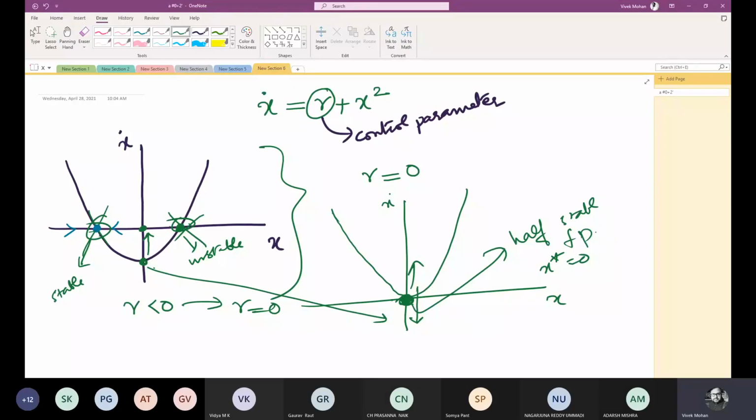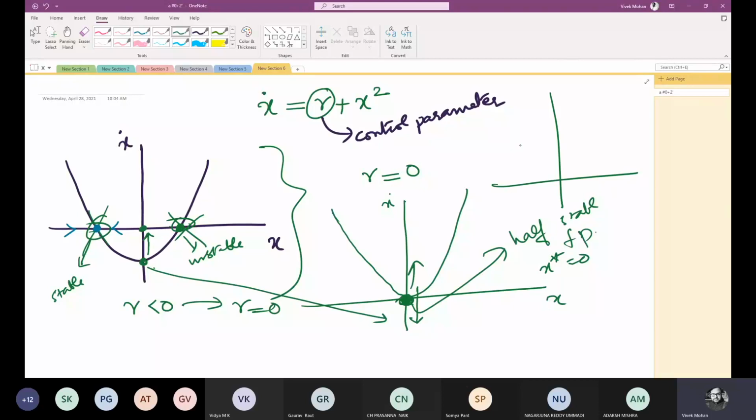So here, in the saddle node bifurcation, we defined that it's a basic mechanism by which fixed points are created or destroyed. What is happening when we vary the control parameter r from negative to positive side? The fixed point is destroyed. Now, if we vary the control parameter r from positive to negative side, the fixed points are created.